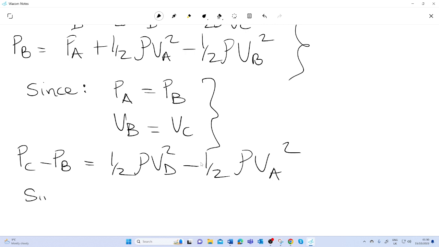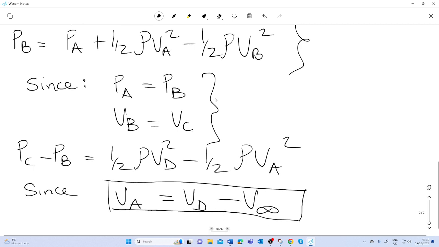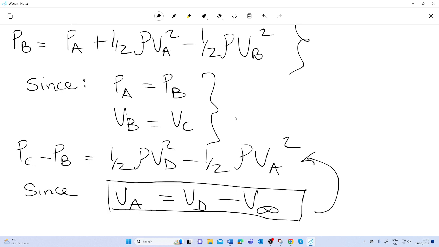Also, since VA equals VD minus V infinity, then we can slot the VA into this part.